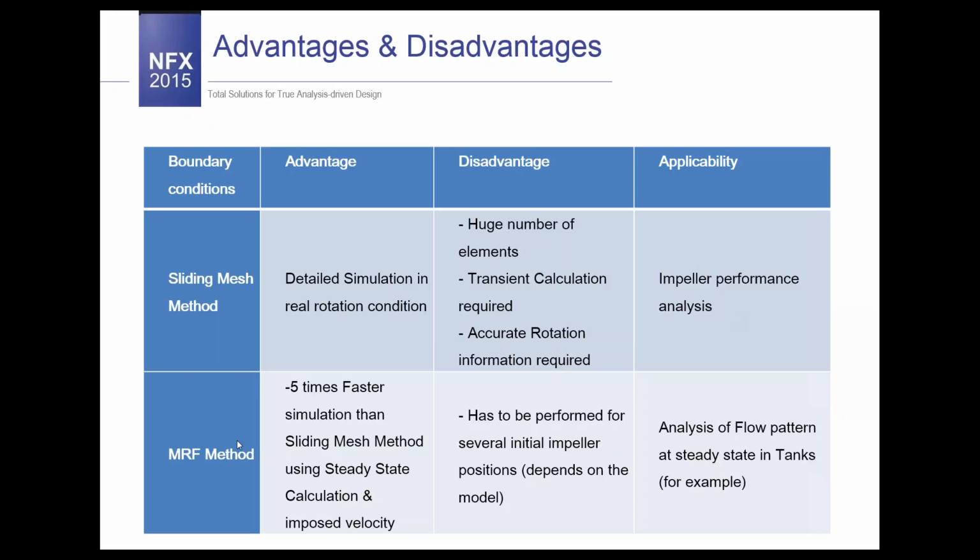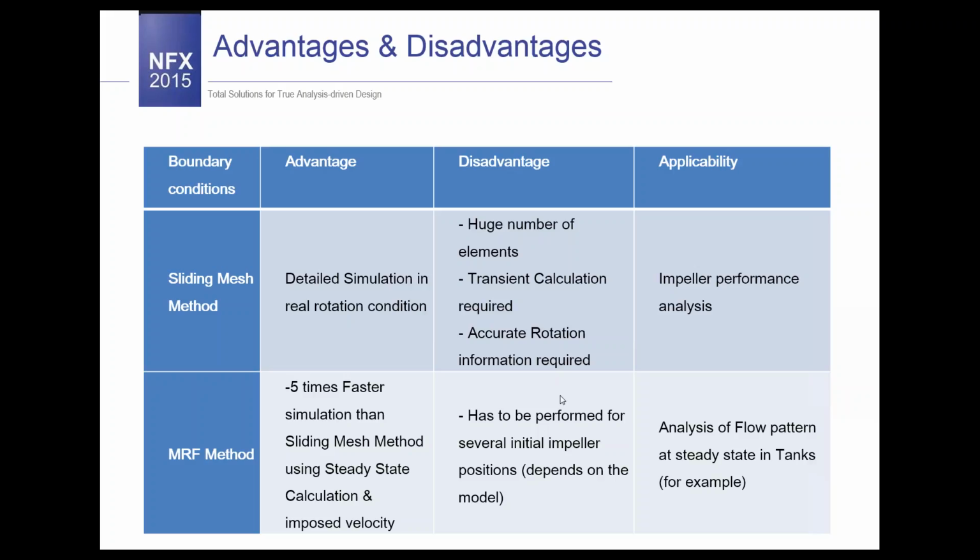Now the MRF method is much faster to solve than the sliding mesh method, because mostly it uses steady state calculation and imposed velocity. I'll present right after how it works. The small disadvantage that you sometimes have is that you have to perform the analysis for several initial impeller positions, because this is a static analysis, so your impeller will stay static in the fluid, even if you simulate the rotation.